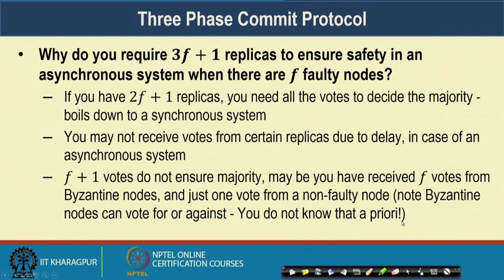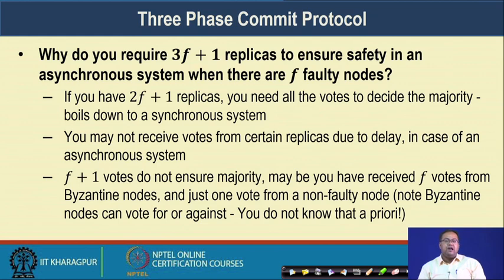In this context, let us discuss why we require 3F plus 1 replicas to ensure safety in an asynchronous system when there are F faulty nodes. Now, if you have 2F plus 1 replicas, to have a majority decision you need to ensure that you have received all the votes, and out of all the votes at least F plus 1 votes are giving the majority decision.